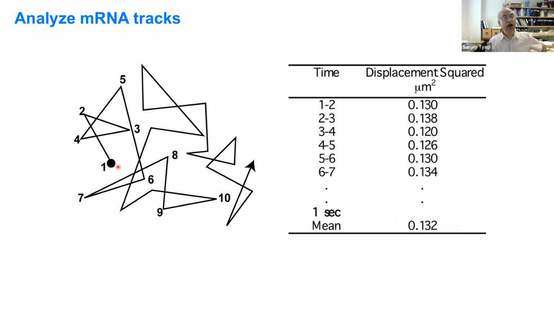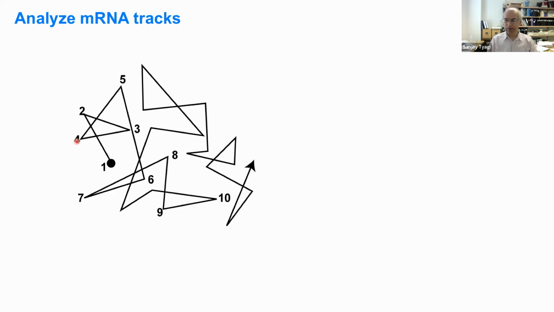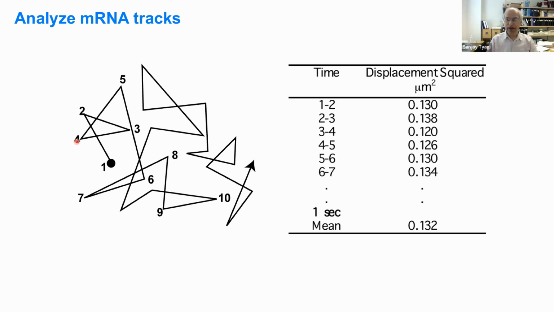You can also ask, how much does it move in 2 seconds? And it would have moved from here to here in 2 seconds, or from here to here in 2 seconds, and so on. So you can develop a table of displacement in 2 seconds, 3 seconds, and so on. And you can analyze this data, and basically the law of diffusion worked out by this guy, Robert Brown.